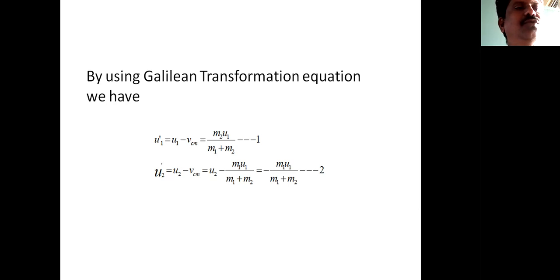Then, according to the Galilean transformation equations, it is given by u1 dash equals u1 minus VCM. That equals u1 minus m1 u1 divided by (m1 plus m2), which gives m2 u1 divided by (m1 plus m2). This is equation number 1.